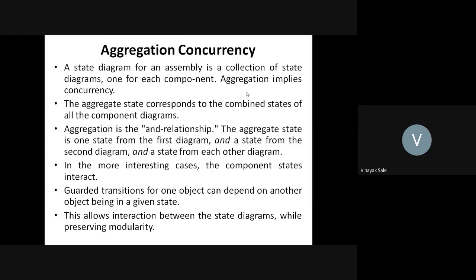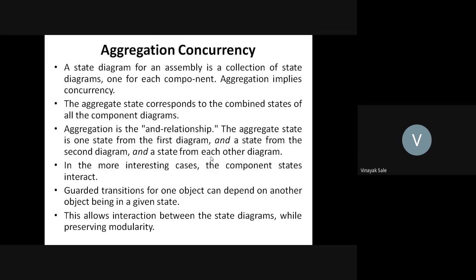The aggregation is also known as AND relationship. The aggregate state is one state from the first diagram and a state from the second diagram and a state from each diagram. Suppose there are a number of diagrams, then aggregation is the combination of the states of each diagram, that is known as aggregation, also known as an AND relationship.